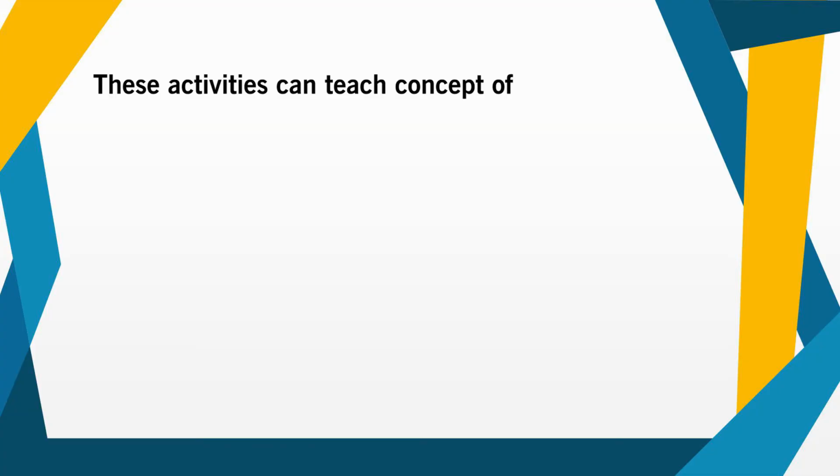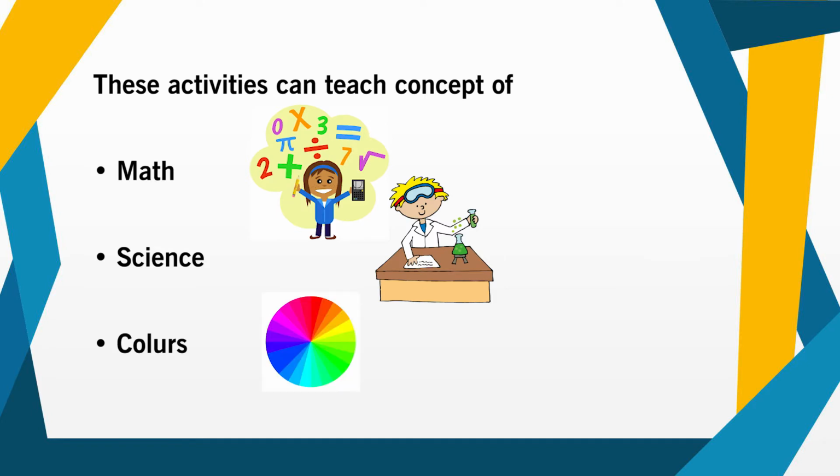Activities that can be used to promote communication. Given below are a few sample activities that can help the educators understand the ways activities can be planned for children. These are very simple activities, and the play activities that adults are involved in can also be simplified for children. These activities can teach the concepts of math, science, colors and so on by communication.